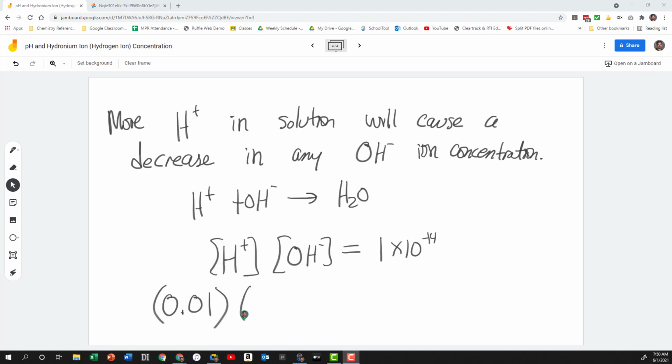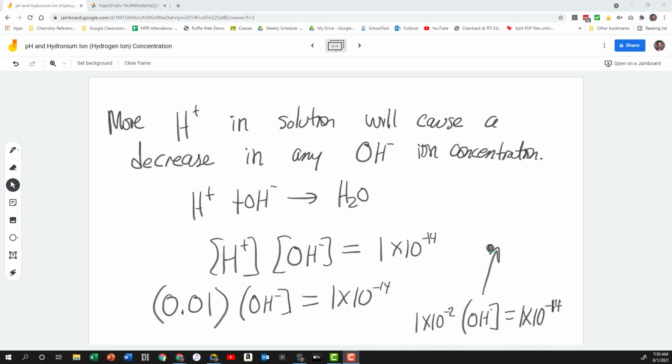And so we could find the OH minus concentration. We can use the fact that superscripts are added when multiplied. So I could just put this in scientific notation: negative 2, and then OH, negative 14. And so this OH concentration is 1 times 10 to the negative 12.